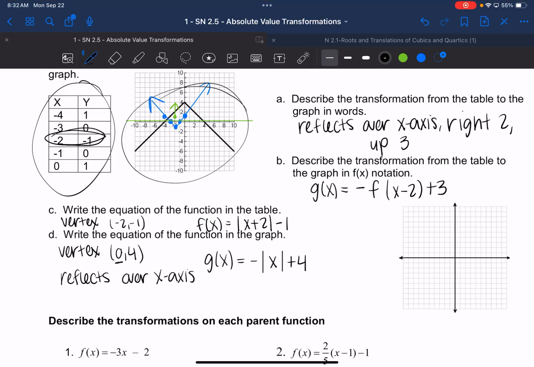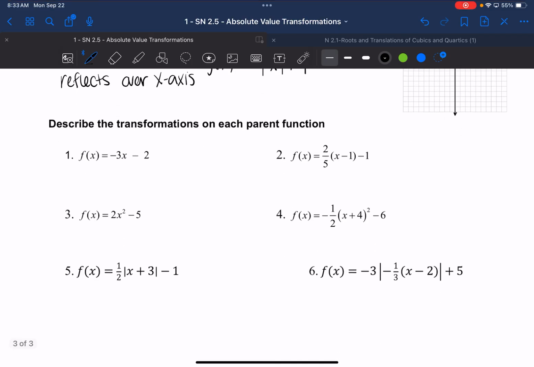Okay, in the last section down here, it says describe the transformations on each parent function. So you're just going to go through the list, and I want you to write down what type of parent function it is first. We should be able to tell what type of parent function it is based on if it's linear, quadratic, or absolute value, because we know what those look like, right?